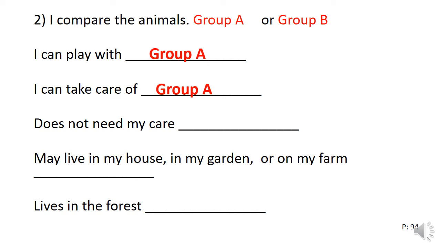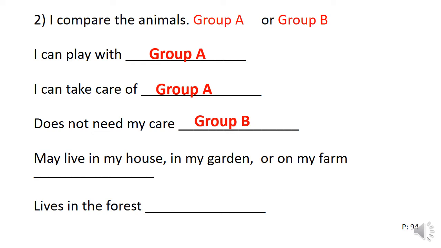But can I do the same for the lion? Sure not. So it doesn't need my care. Which group? Group A or group B? They don't need my care. Group B. Excellent. The fox or the lion, they don't need my care.